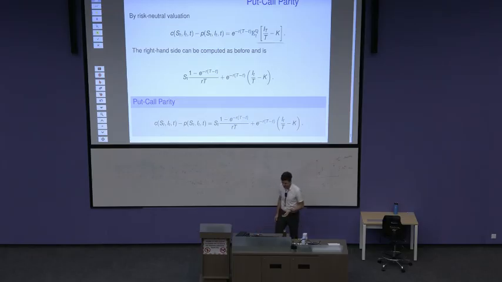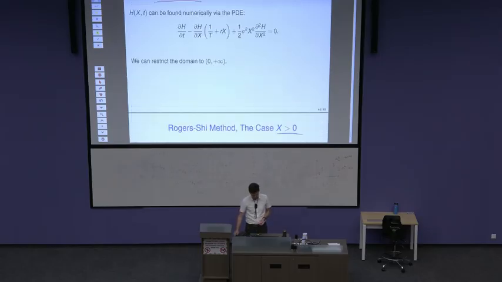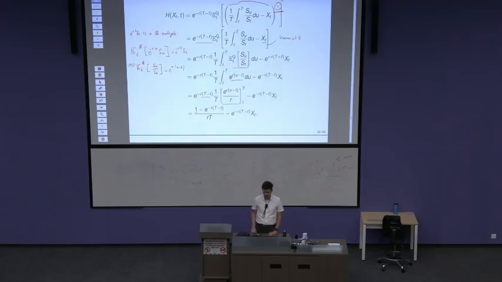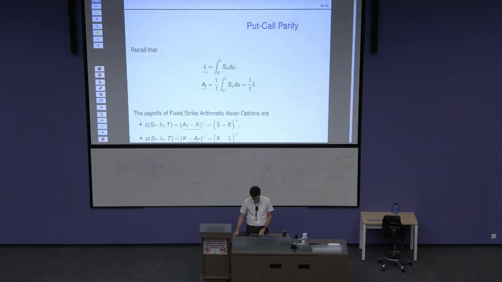But this, in the end, is just the same kind of calculation that we did on this slide. It's exactly the same, because there's no positive part anymore on the right-hand side. We just need to integrate over the asset values, and this is something you can do.